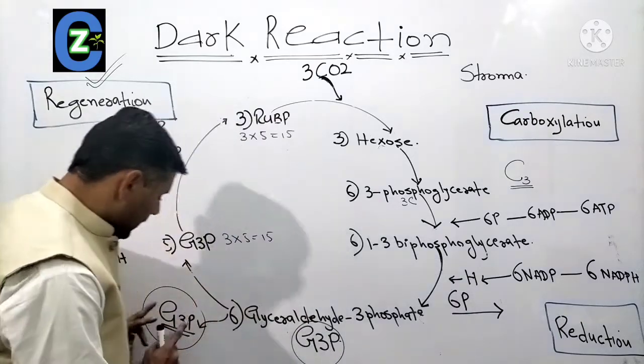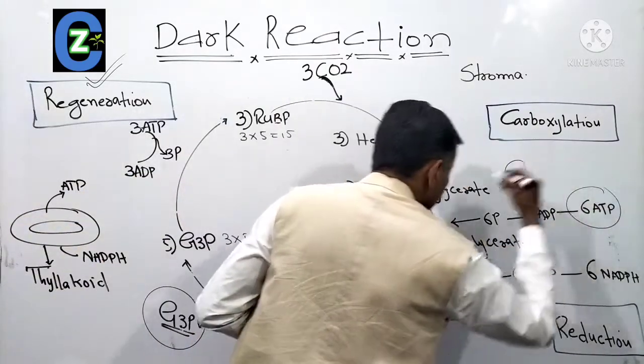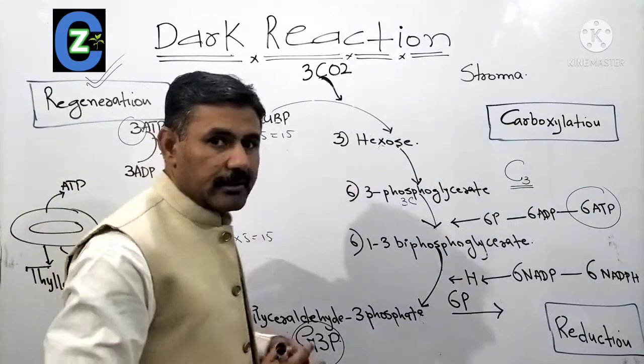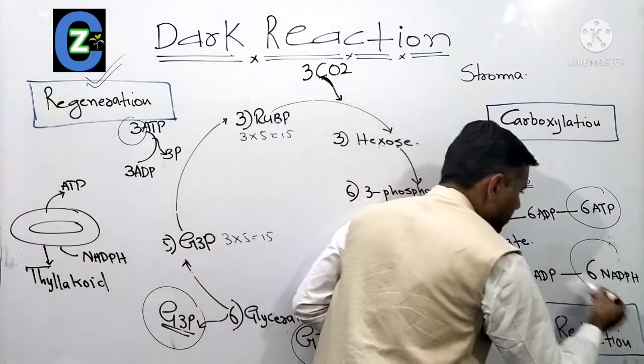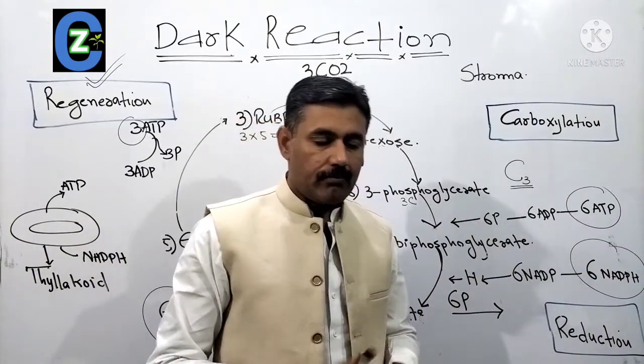For just 1 glycerolaldehyde 3-phosphate, we are consuming 6 molecules in this step and 3 molecules in this one. We are consuming a total of 9 molecules of ATP, and 6 molecules of NADPH.